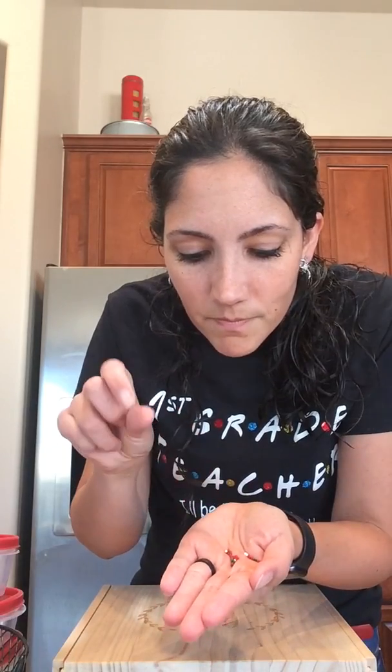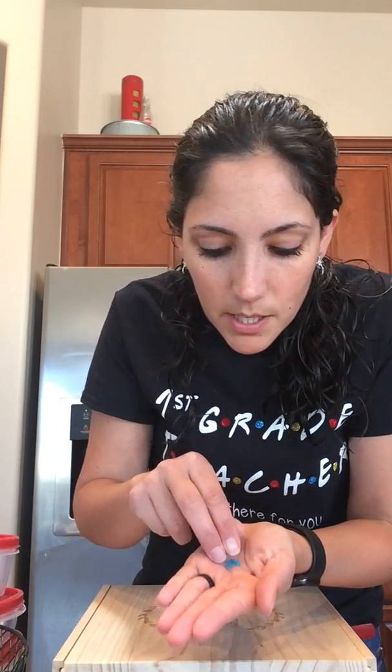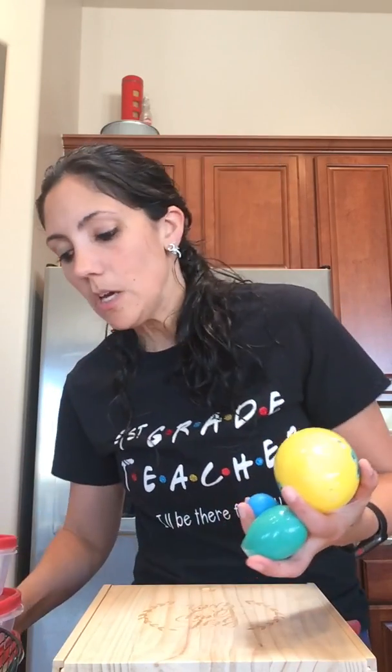I have teeny tiny little ball sprinkles, and then I have just colored sugar, a much finer, smaller material. I also have three different sizes of Easter eggs. This is a really fun thing to work with at home. If you don't have Easter eggs, you could also do just three different size containers.